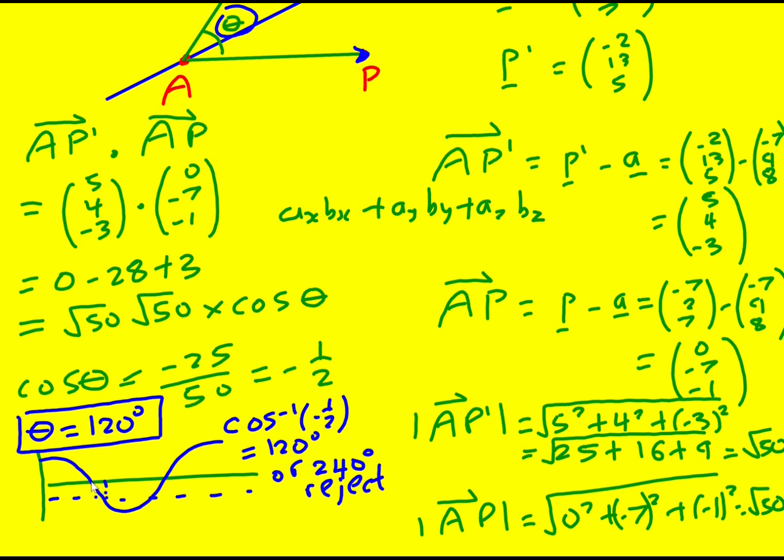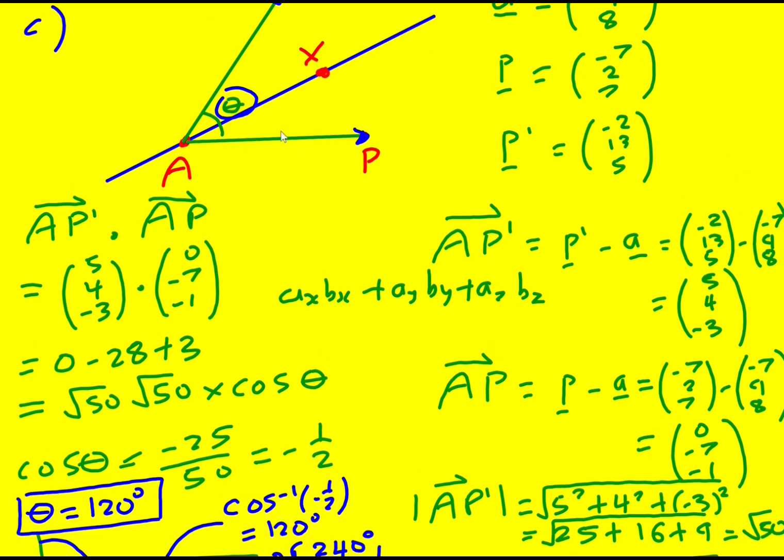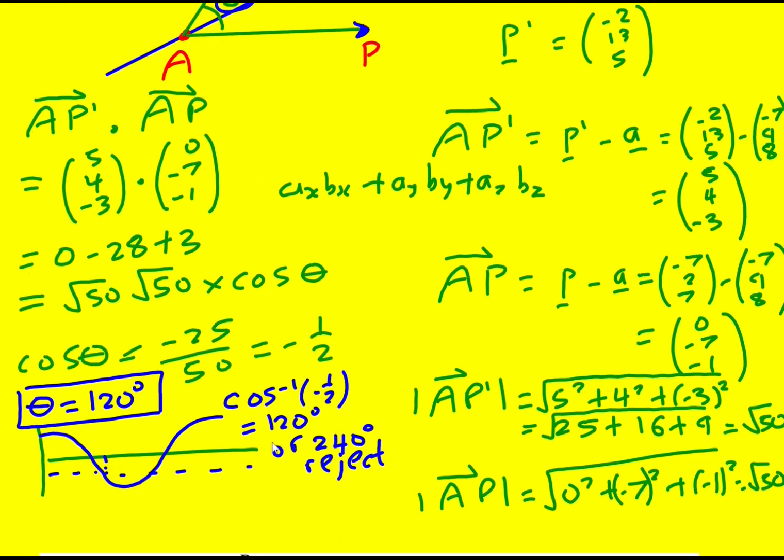If we go 30 along and 30 along again, that's going to take us to minus a half. That's what I mean by the symmetry, because it's just gone down and then down again. Ultimately, you can just quote that inverse cos of minus a half is 120. You also get 240 this side over here. We're going to reject the 240 because we're interested in an obtuse angle here, definitely not a reflex angle. So it's fine to just state at this point as 120.